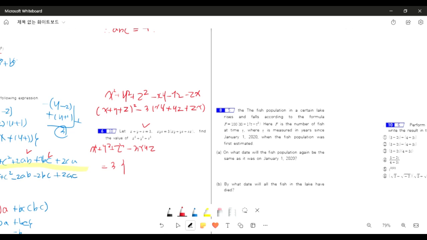So 9 minus 3(xy + yg + gx) equals xyg. So x³ + y³ + g³ equals 27 minus 3xyg.